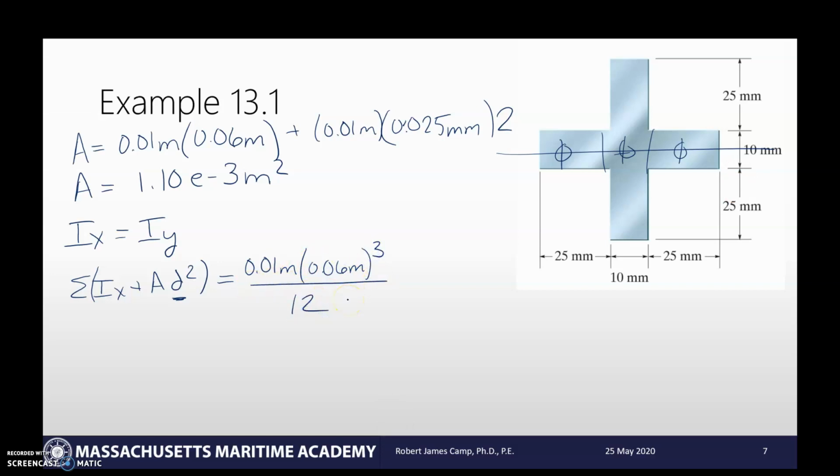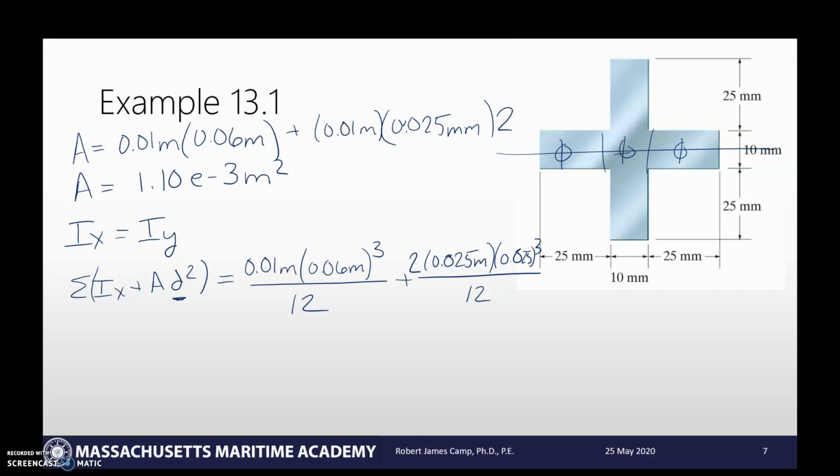There's no Ad squared because d is 0. And then over here I've got base, 25 millimeters, or 0.025 meters, and the height, 25 millimeters. I'm going to cube that, divide by 12, and multiply that whole thing by 2 to get my two sides. It's a way of making things a little bit simpler when calculating my moments of inertia.